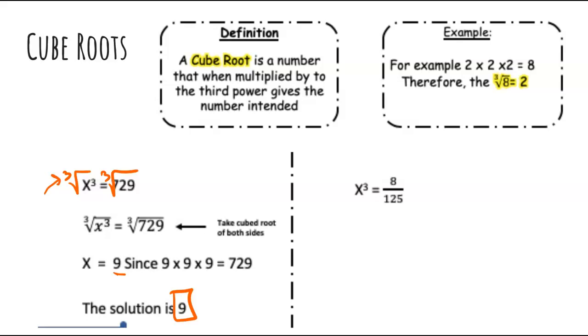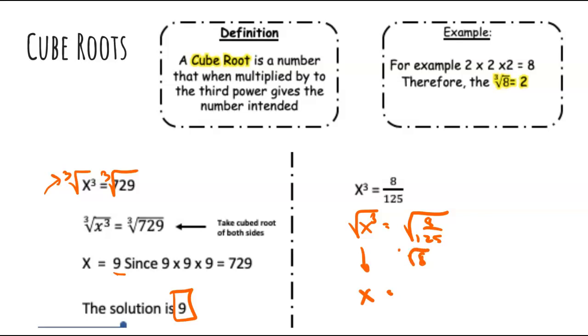We can easily do square and cube roots of fractions. The steps are exactly the same. I take the cube root of x cubed first, and on the other side, I take the cube root of 8 over 125. If I want to do that, I just take the cube root of the numerator and the cube root of the denominator. So this is x.